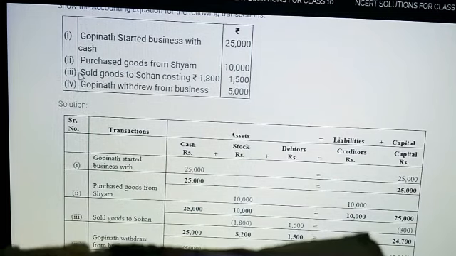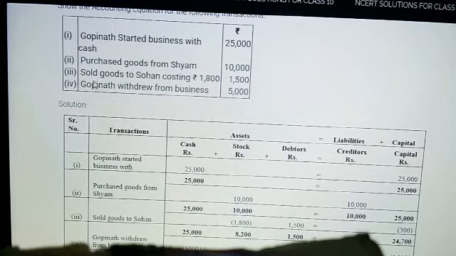So understand this statement very carefully. The cost price of this particular goods is 1,800, but we sold it for 1,500. So you are getting a 300 loss.